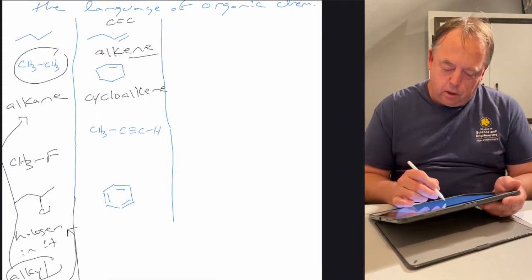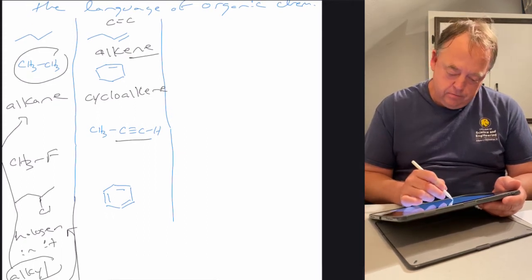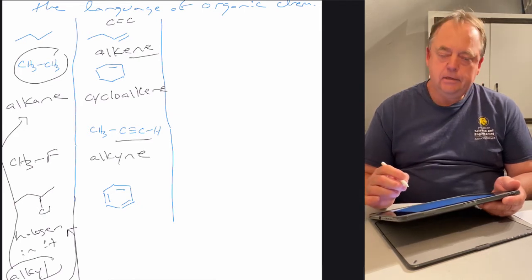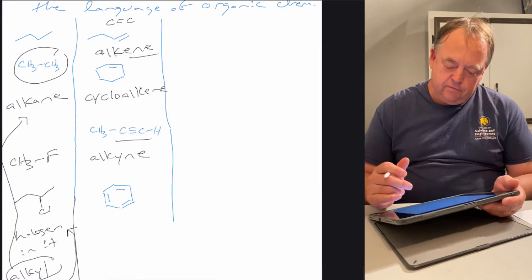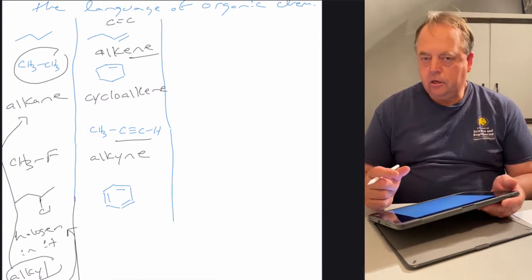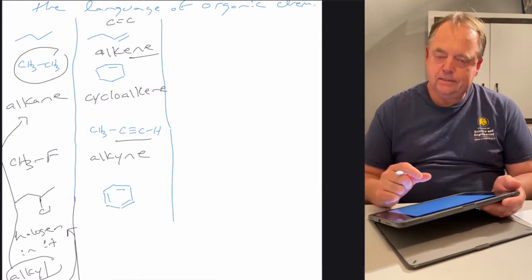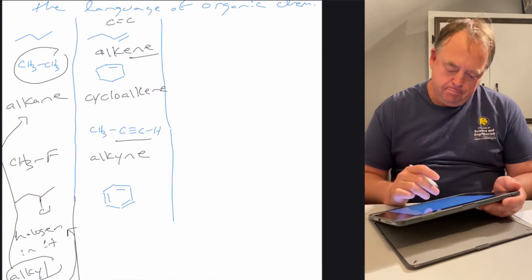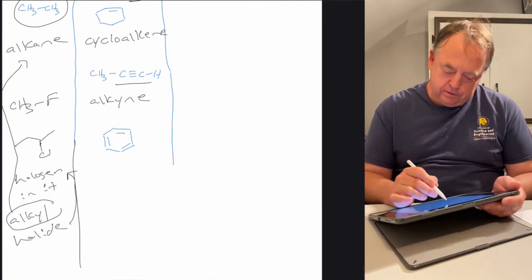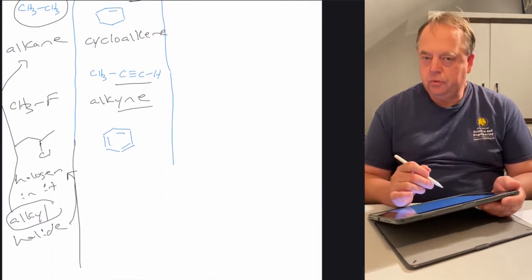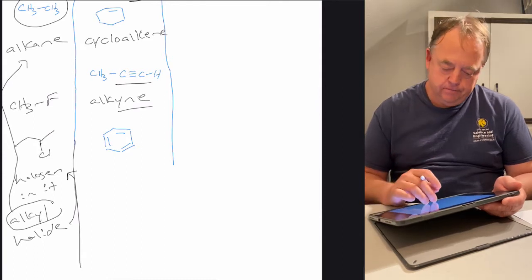If you have a carbon-carbon triple bond in a molecule, then that's called an alkyne. Again, it doesn't matter if it's 1 carbon or 100 carbons. If it's got a triple bond in it, that functional class is called an alkyne. And the YNE is what tells you it's an alkyne, a triple bond.